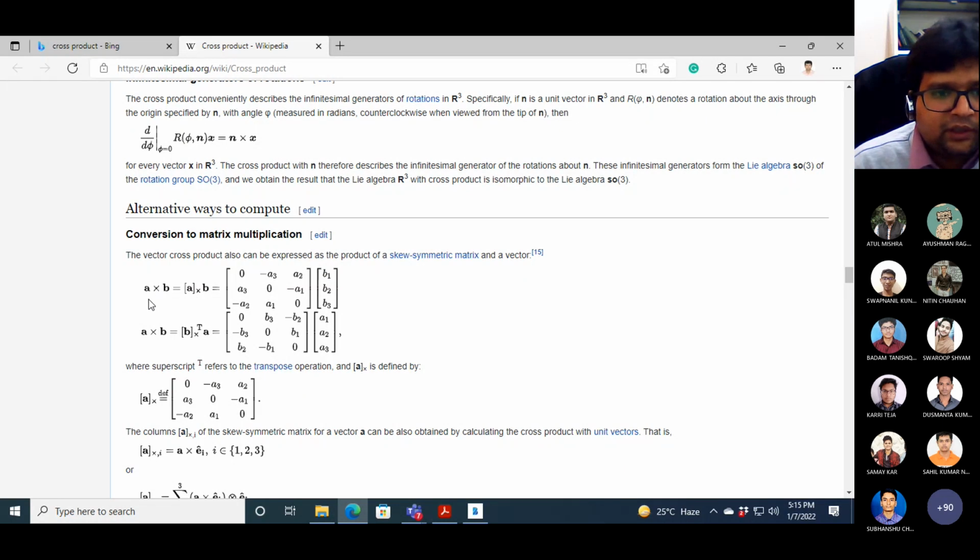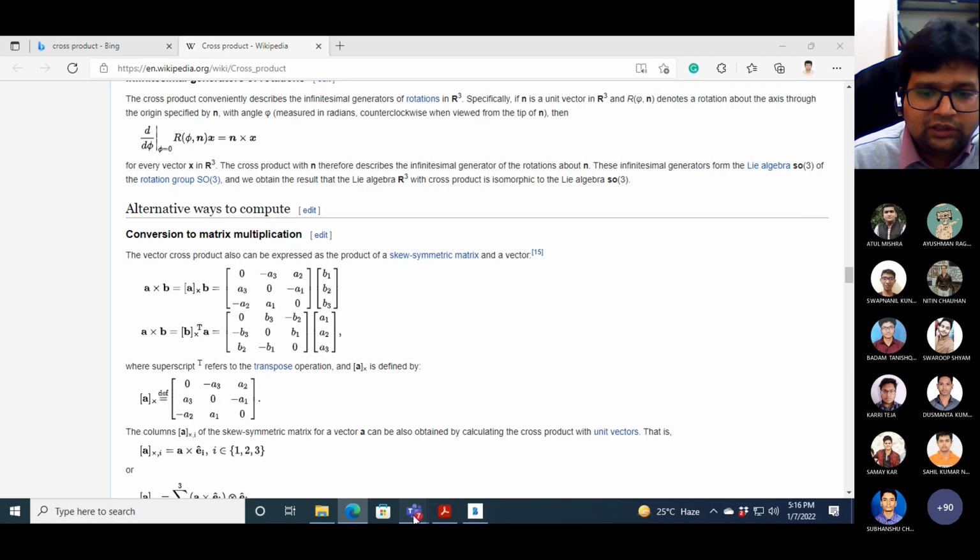A has three components, 1, 2, 3. Then this matrix is written this way. It has some property: this matrix is skew symmetric. You know what skew symmetric is? You take the transpose and negative, and that equals the same matrix.